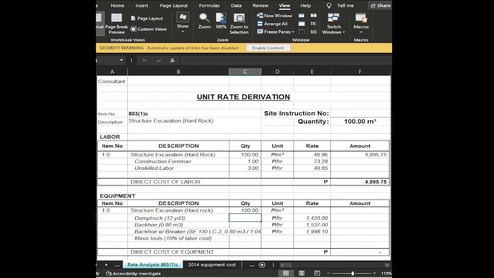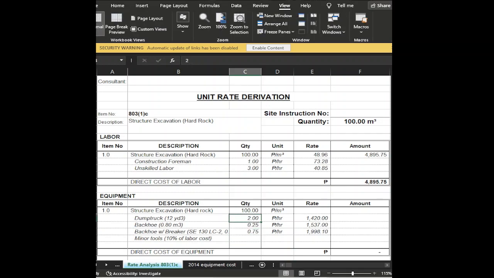For our dump truck, just like the soft rock excavation and the common borrow, we have 2 dump trucks. For this one, we need only 0.25 hour of backhoe, but we need 0.75 hour for the backhoe with breaker.